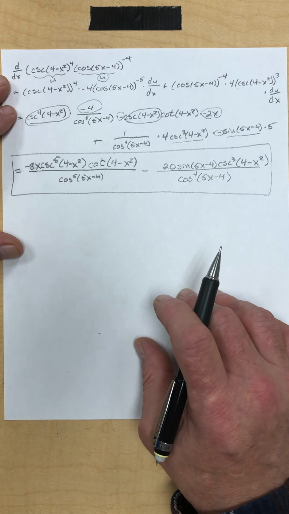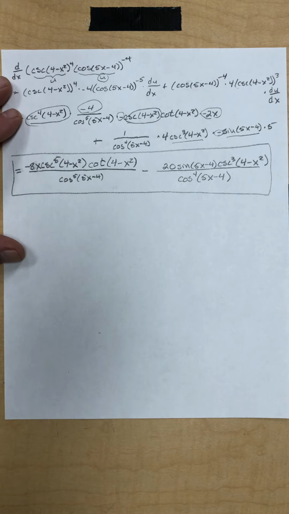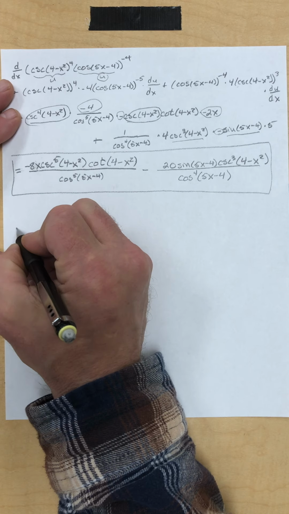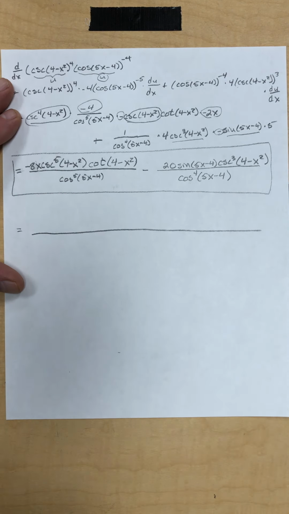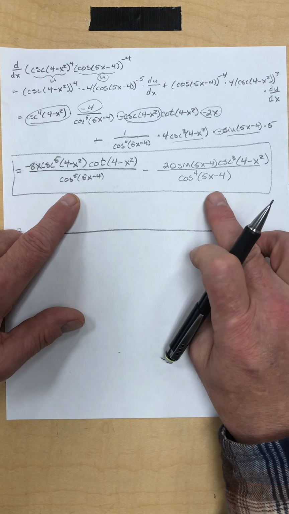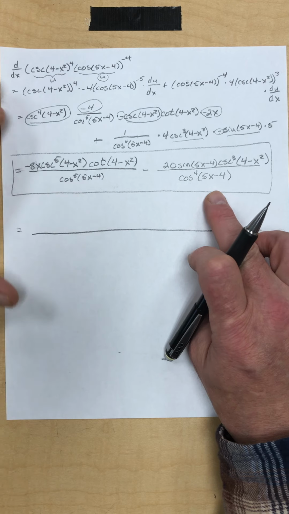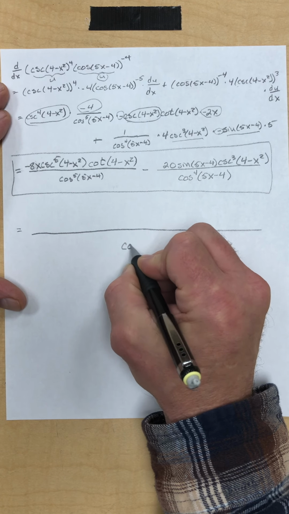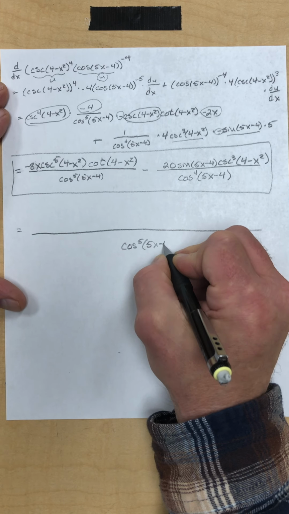We could take a look at it. I guess you could find a common denominator and combine them. I don't know if it's worth it, because if we take a look, the common denominator would be cosine to the 5th of 5x minus 4.